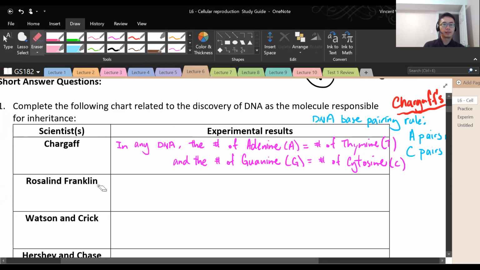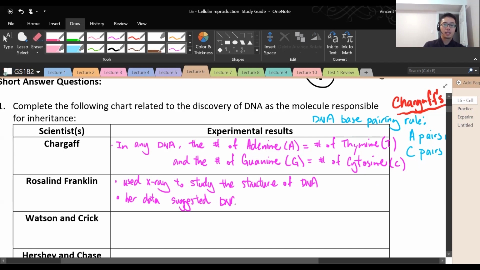Rosalind Franklin. She used X-ray to study the structure of DNA. And what her data suggests is that DNA is a double helix.